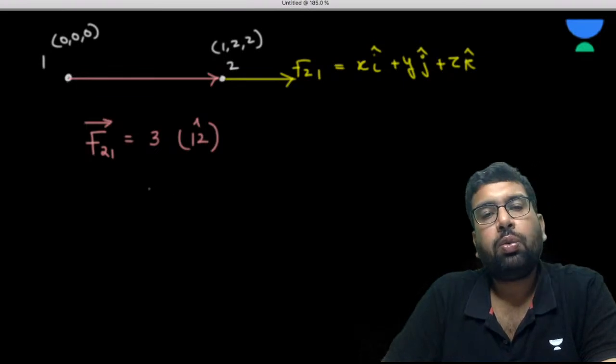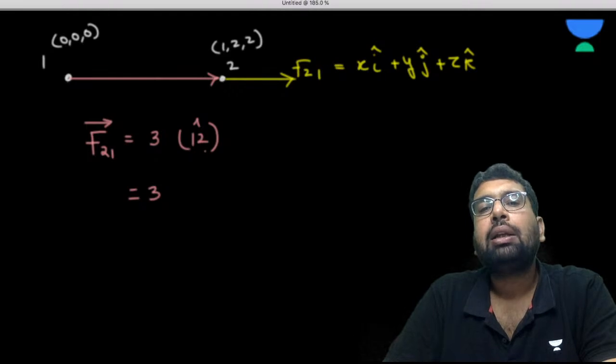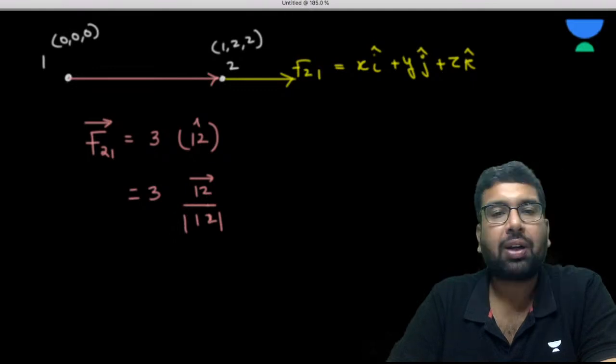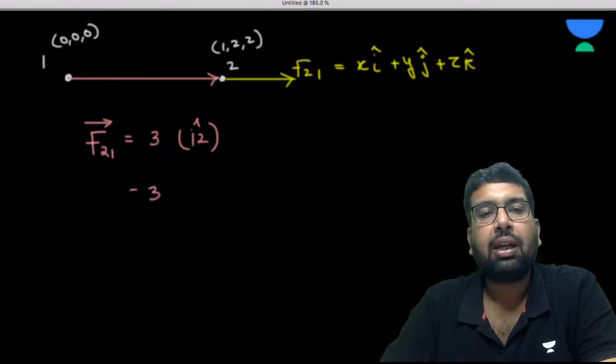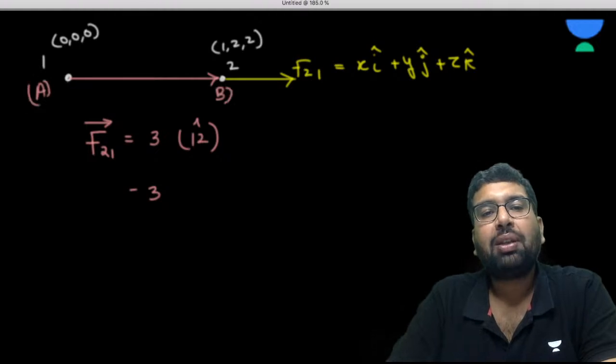Now what is going to be this displacement? What is 1 2 cap? This is the unit vector in this direction. We know this is 1 2 upon mod of 1 2. Don't be confused by the numbers. If you want, I'll give them some names. Let's say this is A also, this is B also. Otherwise we get confused.